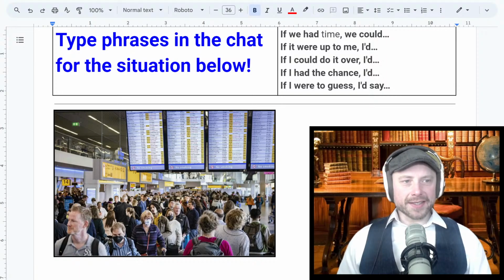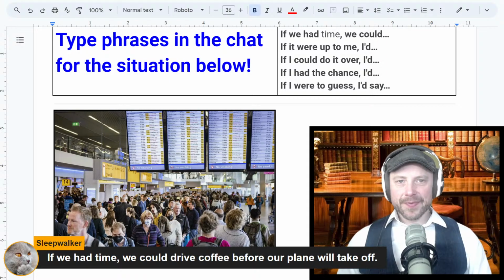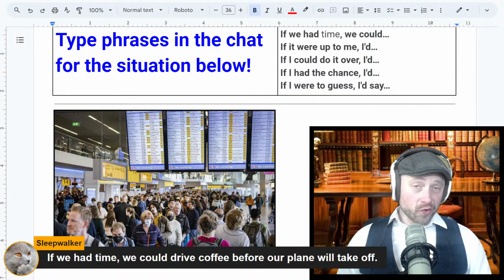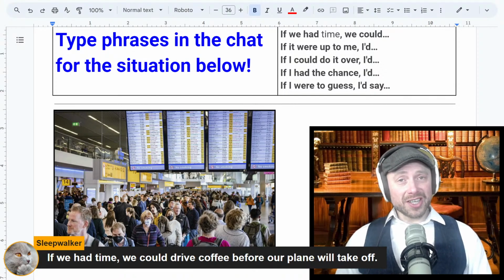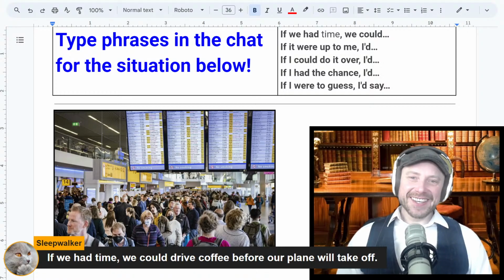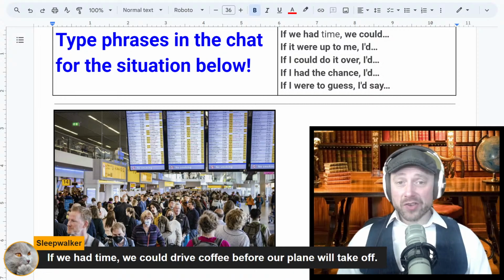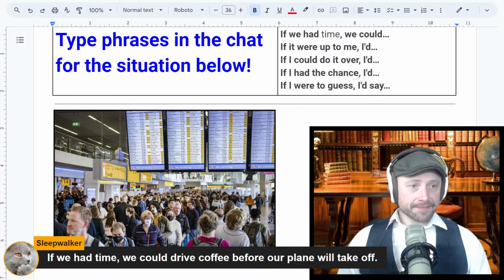And Sleepwalker says, if we had time, we could drink coffee. Sleepwalker corrected themselves. That's called autonomous learner correction. Well done. If we had time, we could drink coffee before our plane takes off. Fantastic.